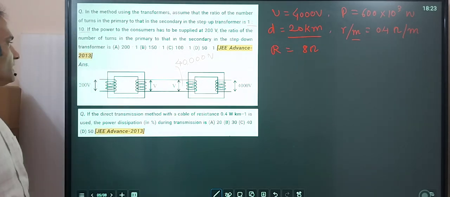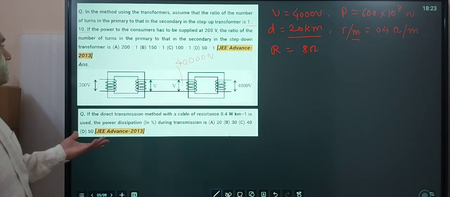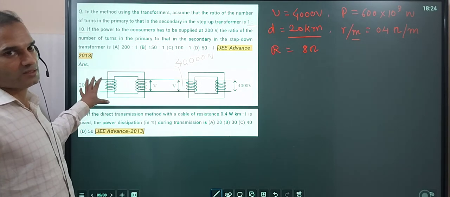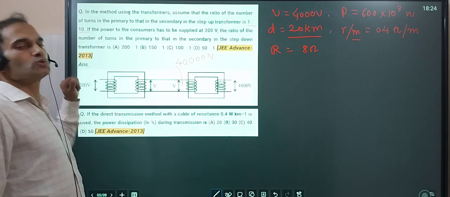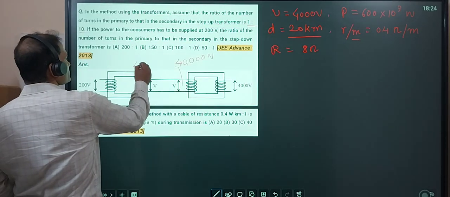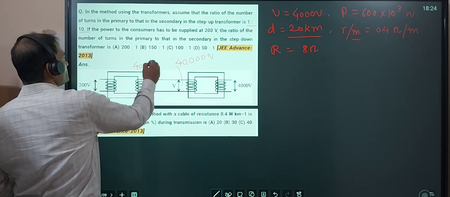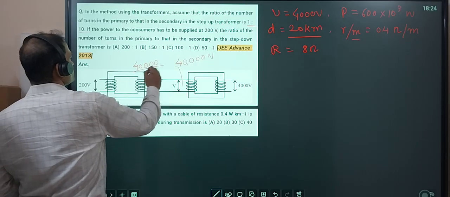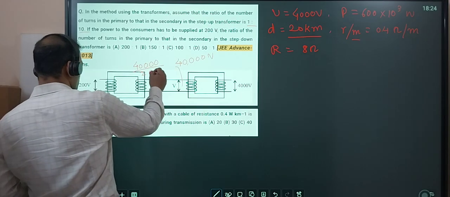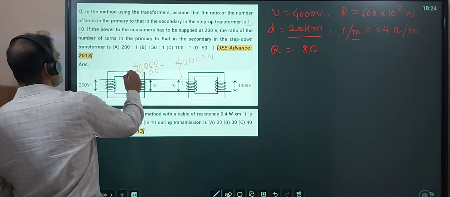And what they want at the supply voltage is 200 volt. So basically this has to be a step down, and we have to find this ratio.